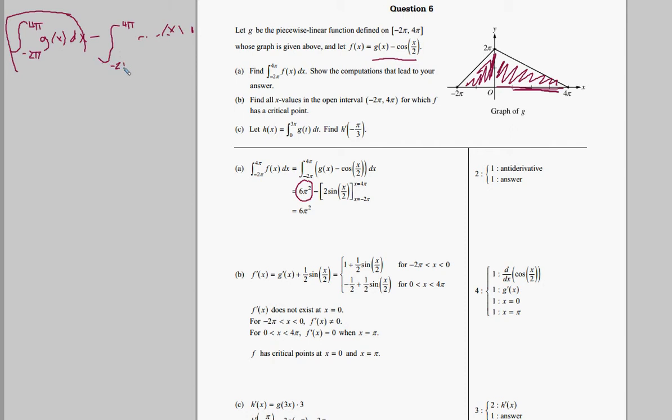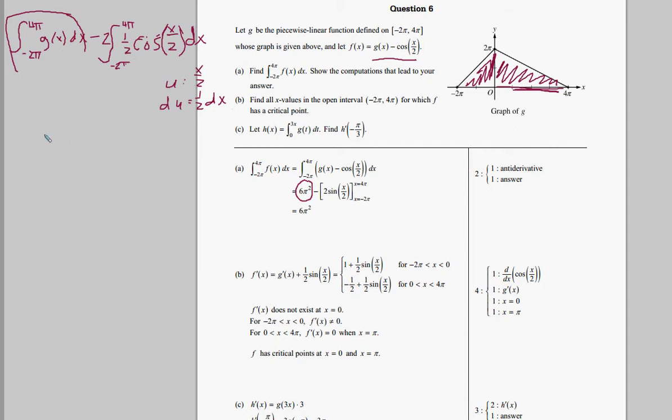This is negative 2 pi, and this is the cosine of x over 2 dx. So I have u being x over 2. I have du being 1/2 dx. So I need a 1/2 in there, which means I need to counteract with a minus 2.